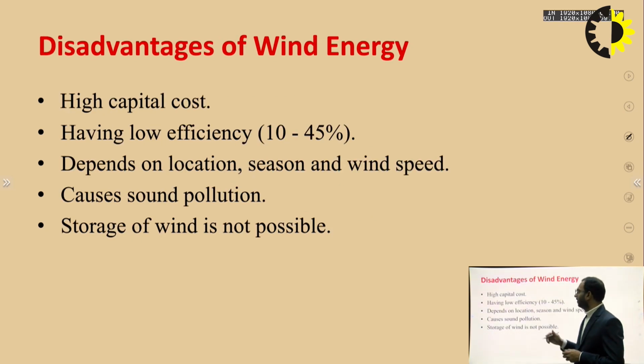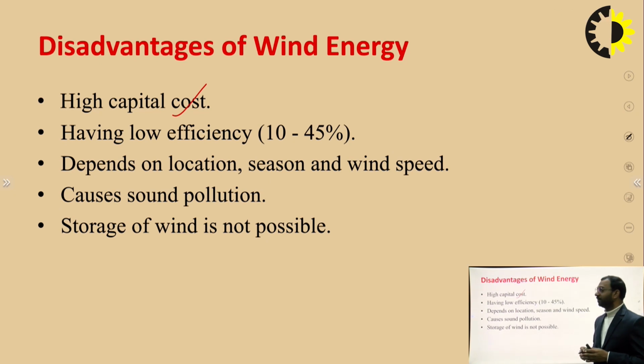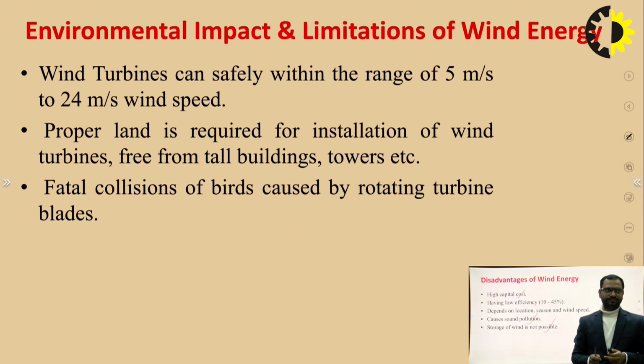Basically, it has high capital cost, and low efficiency between 10 to 45%. It depends on location, season and wind speed. It causes sound pollution and storage of the wind is not possible. So these are some disadvantages of wind energy.